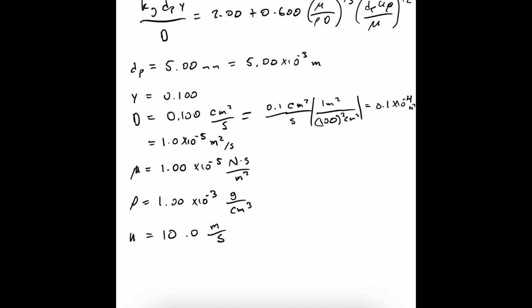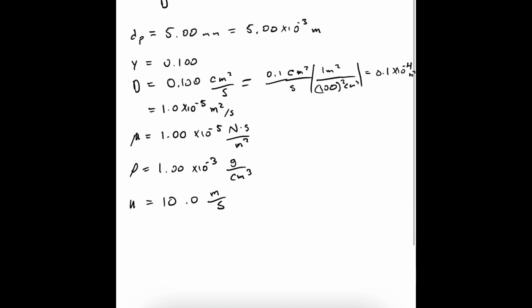All right, so I now had to do a couple of conversions. Okay, so let's read the problem statement, part A. What is the estimated value of Kg? Give its value and units.